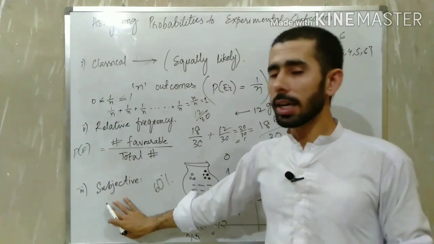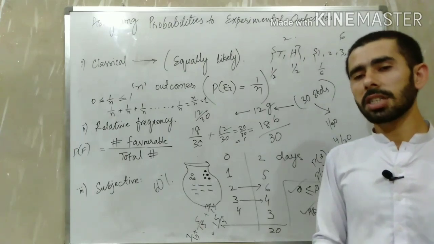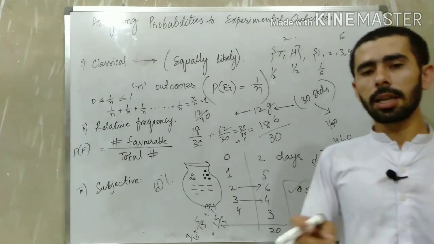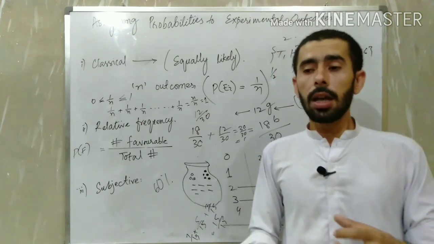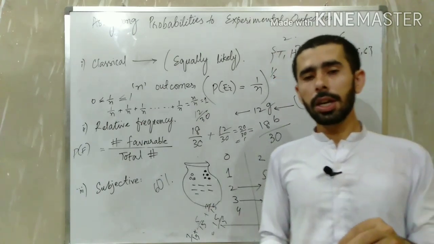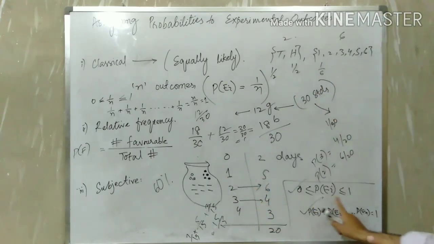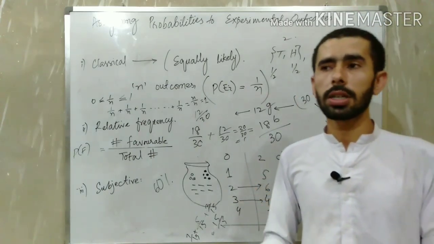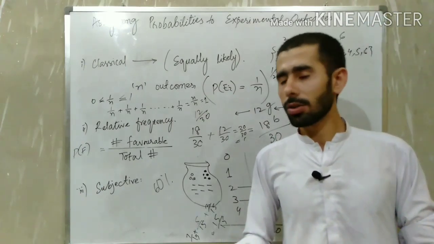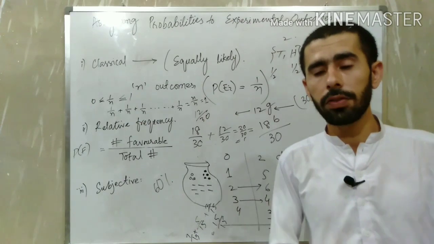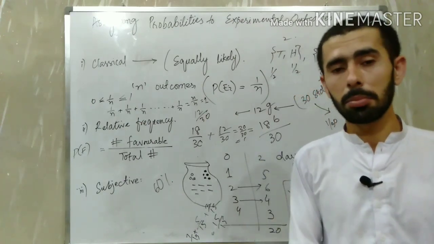Similarly, for the subjective approach, as we don't have any hard and fast rules, care must be taken that when we are assigning probability to any event, because we are making our personal opinions, that probability assignment must be between 0 and 1. Whenever we are saying anything, we should not say, okay, I have 1.5 probability of the case that Pakistan would win.